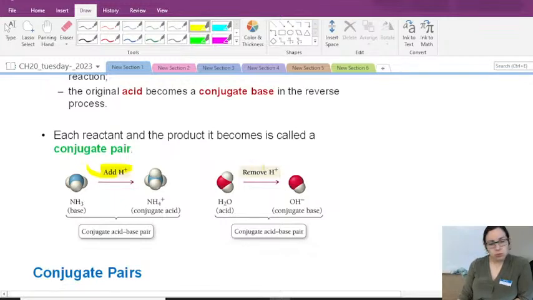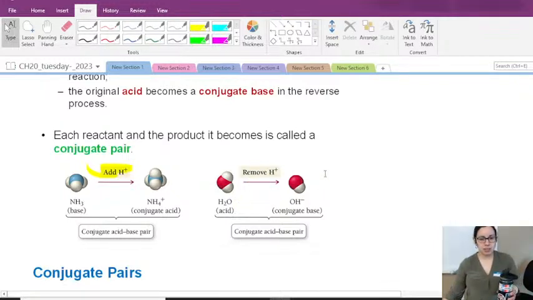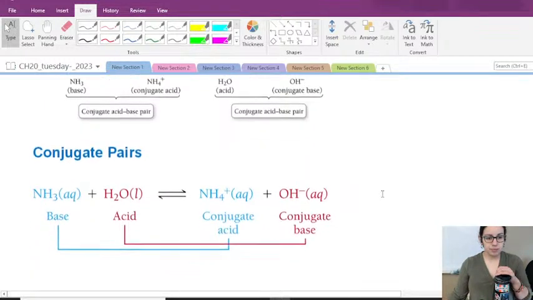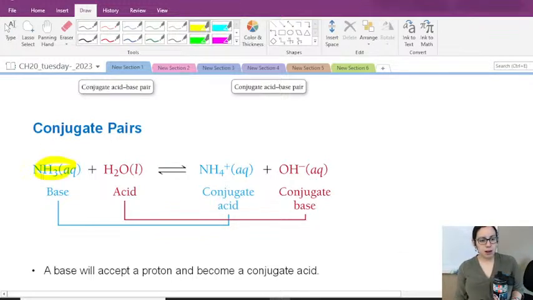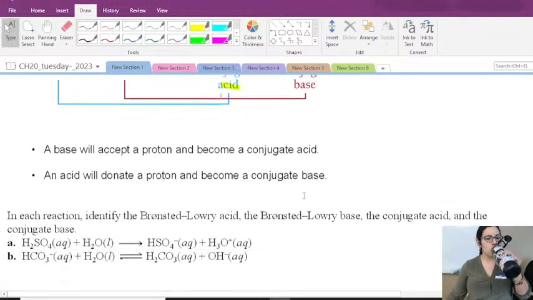Or we could, of course, remove a hydrogen to get our acid-base pair. So water is our acid, remove a hydrogen, and get our conjugate base. And again, in this reaction, we had our base with ammonia, added a proton to make our conjugate acid. Same thing, acid, removed our proton, made a conjugate base.